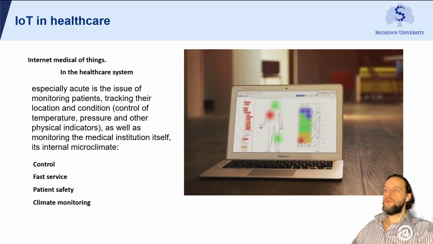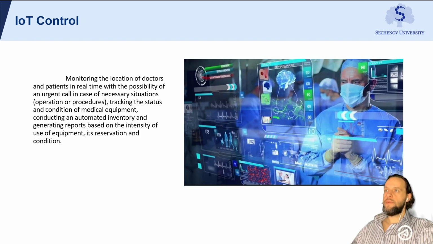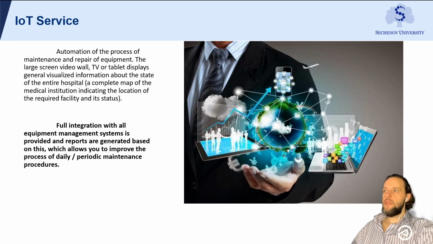There are different ways how Internet of Things could be used in healthcare clinics. For example, it could be used for control of the patients' and doctors' location or equipment location, tracking of medical products, and there are a lot of implementations how we could improve control in healthcare.